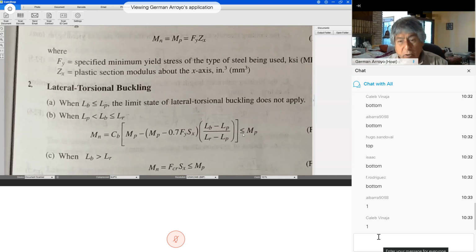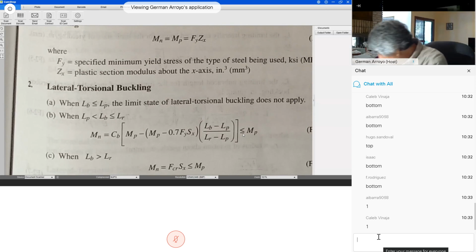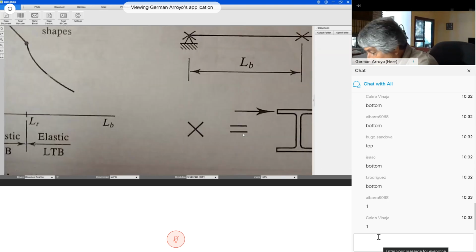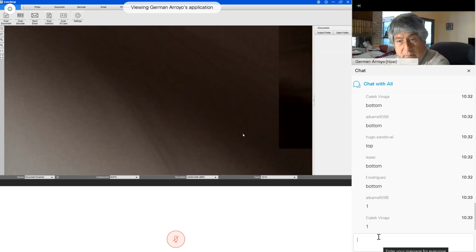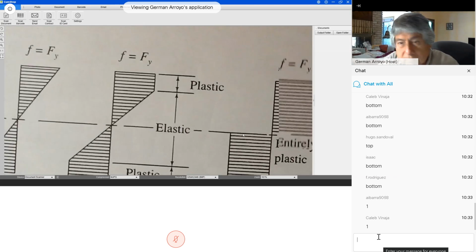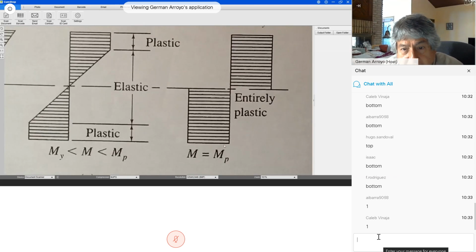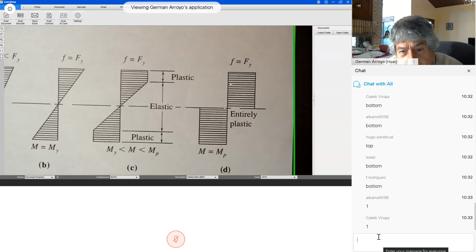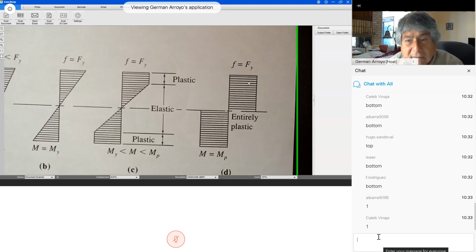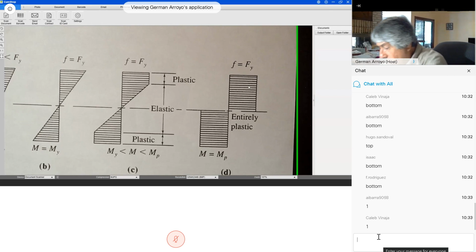Nothing can be larger than the plastic moment, because if you look at the stress diagram I showed you before, nothing can be larger than this value. There's no way. We cannot develop anything larger than the plastic moment.